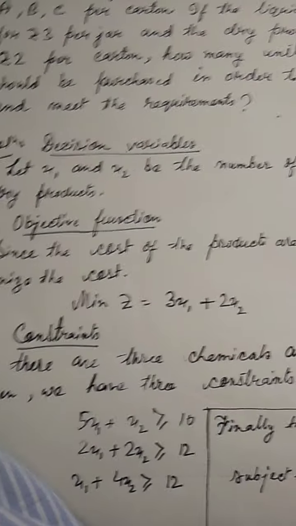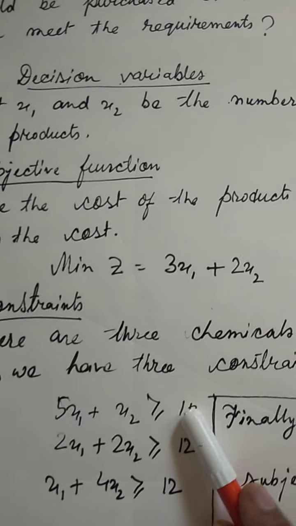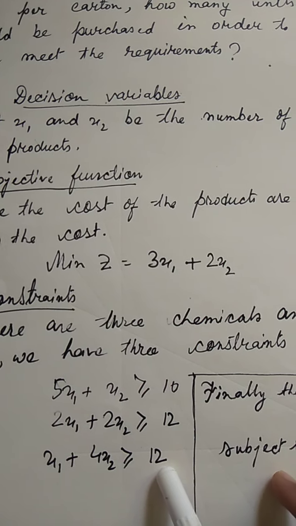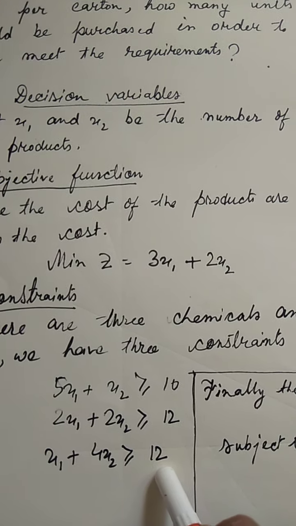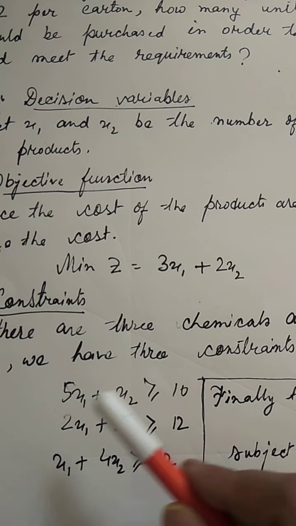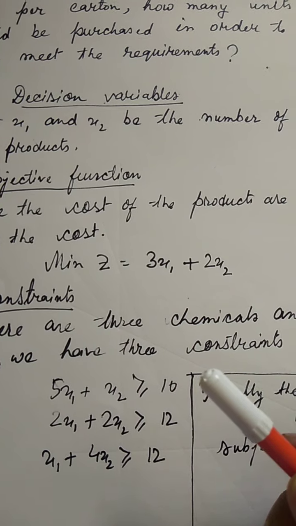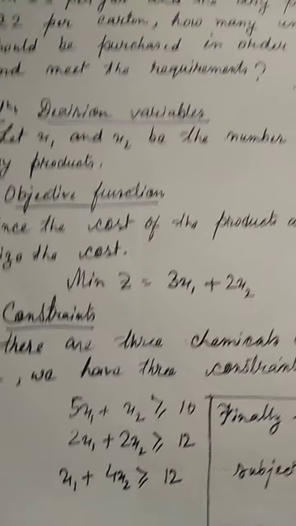Now, what will be our constraints? We know that one limitation has been set, that we cannot buy any unit which will be less than 10, 12 and 12 units of chemical A, chemical B and chemical C. So, what we do is, we first try to see how many units are contained in the liquid and the dry products respectively. Let us see.